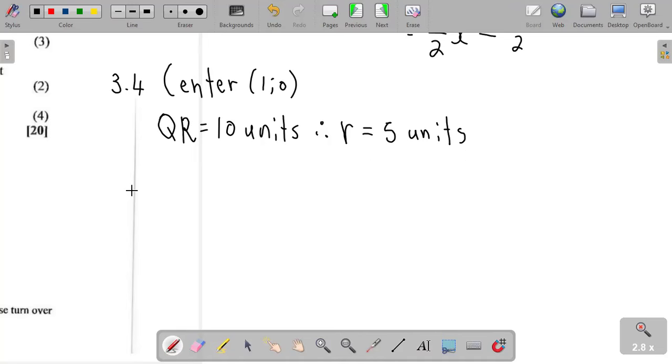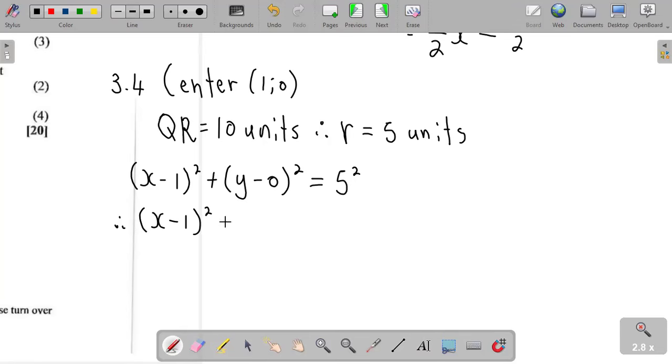So therefore the equation of a circle, if our center is like this, is going to be x minus 1 squared plus y minus 0 squared equals r squared, which is going to be 5 squared. So it's going to be x minus 1 squared plus y squared equals 25.